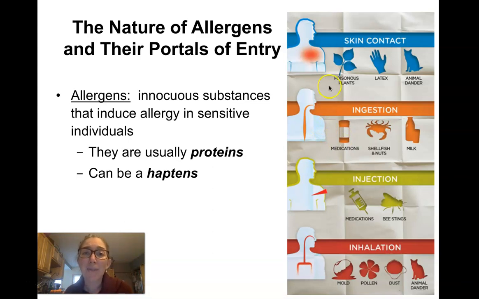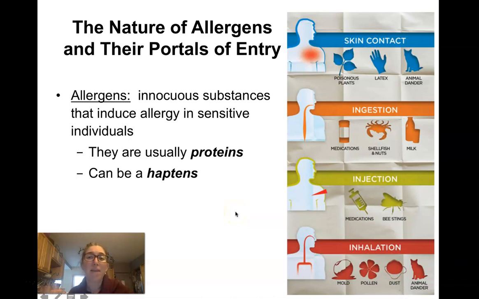But what can happen with these medications is they can act as haptens. That means they basically fuse to a protein. They can become complexed with proteins in your blood, like albumin, and then together that fusion makes it big and complex enough for the immune system to recognize it. So that's how drugs end up becoming allergens. And then finally, there are ones that are injected.